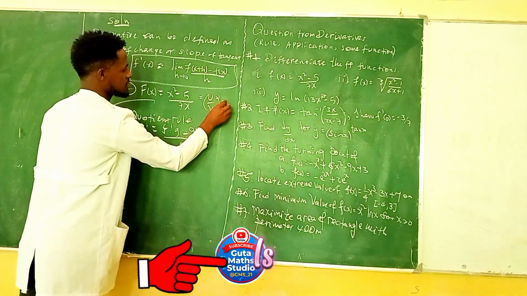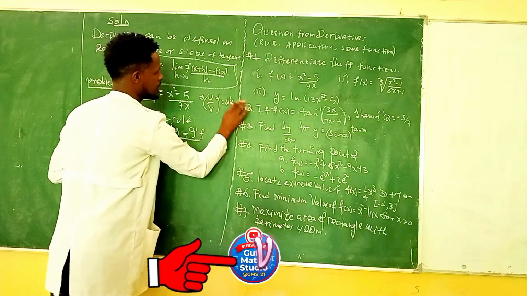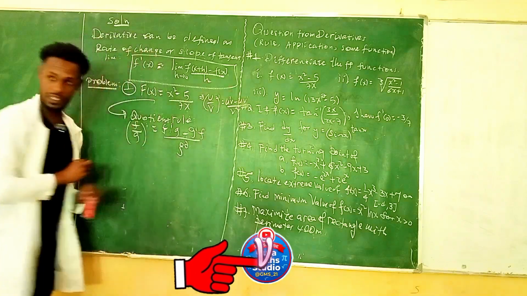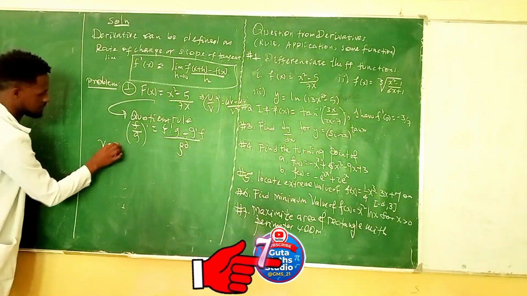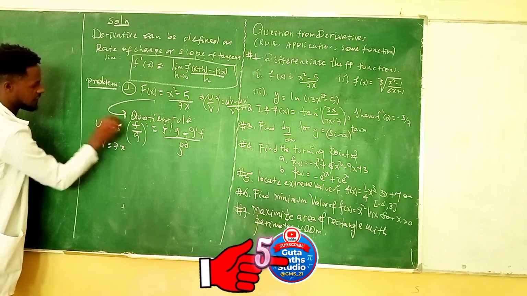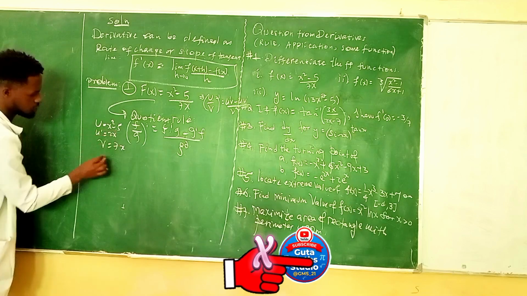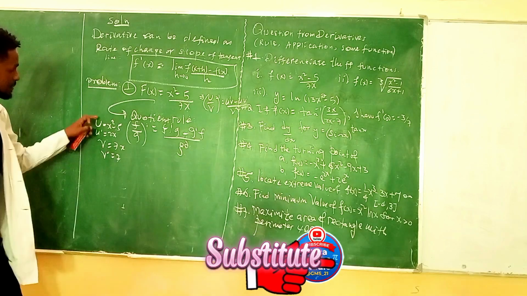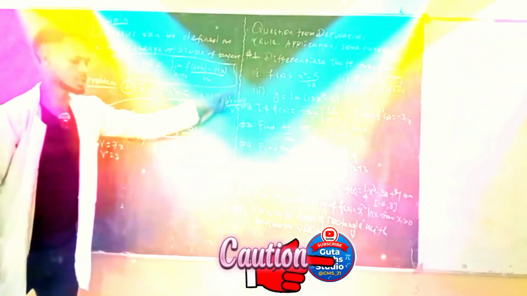The derivative is u derivative times v minus u times v derivative over v square. So what's v? 7x. What's u? x square minus 5. What is u derivative? 2x. What's v derivative? 7 only. Okay, so substitute all these in place of the quotient rule formula.